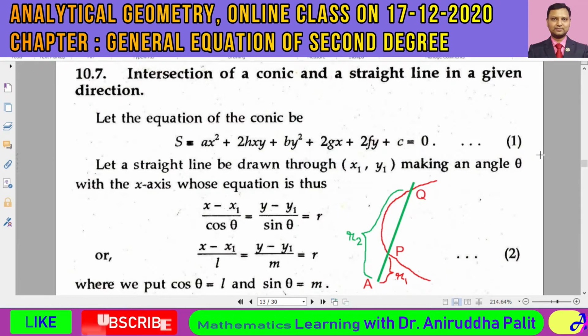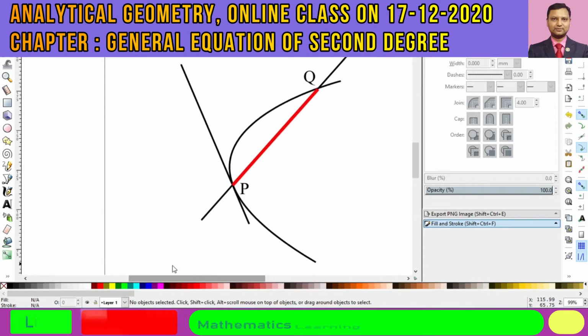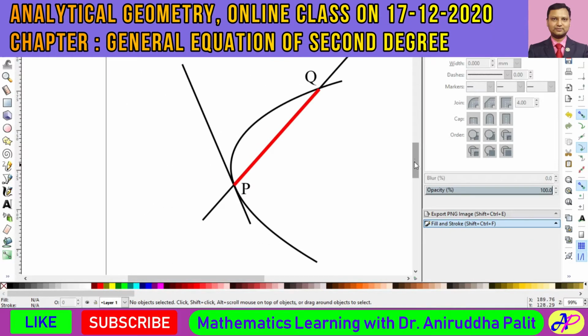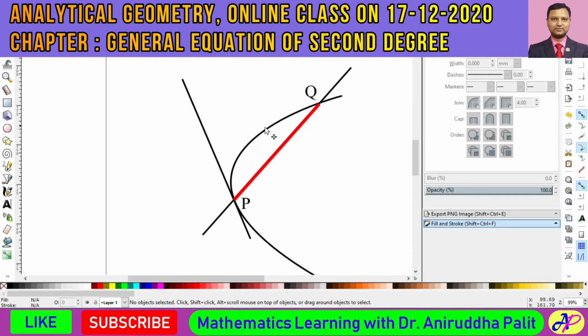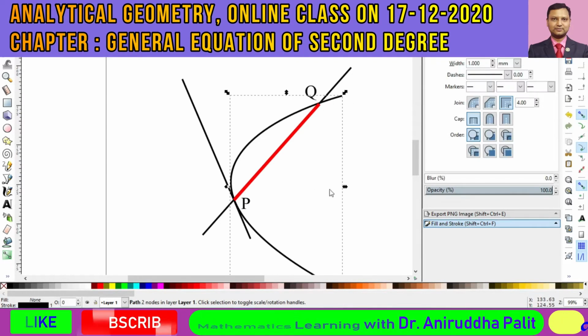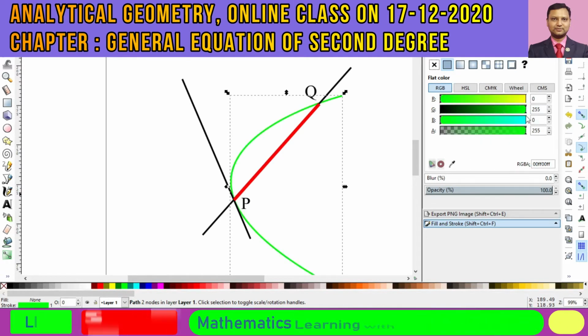For any given conic, let me show you a picture. Consider this kind of picture. Suppose this is the curve. I am writing it in a green line.